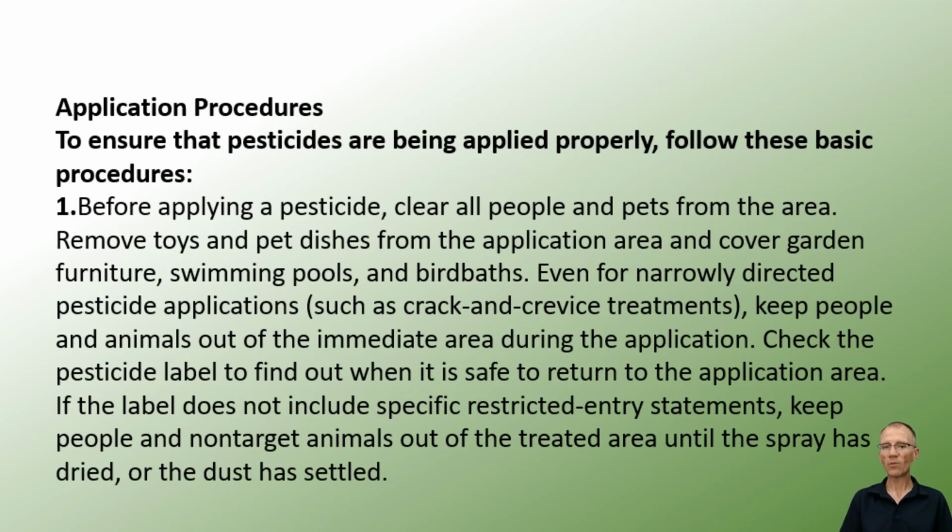Even for narrowly directed pesticide applications, such as crack and crevice treatments, keep people and animals out of the immediate area during the application. Check the pesticide label to find out when it is safe to return to the application area. If the label does not include specific restricted entry statements, keep people and non-target animals out of the treated area until the spray is dried or the dust has settled.